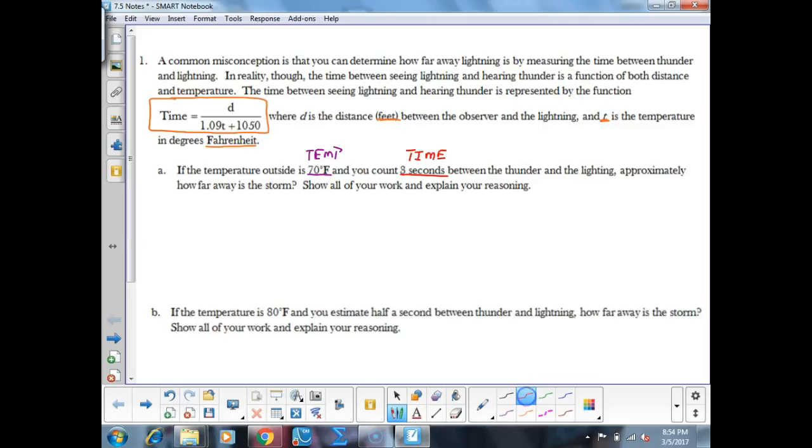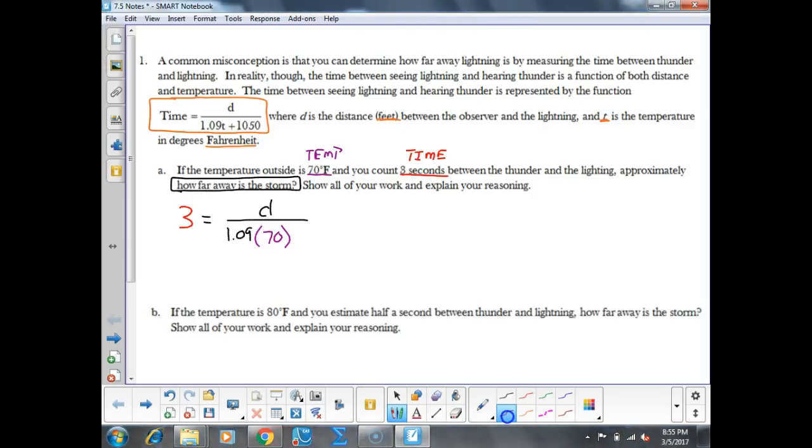Using that box formula, time of 3 seconds is equal to the distance, which is what we're looking for, divided by 1.09 times the temperature, 70, plus 1050. 1.09 times 70 is 76.3, plus 1050 is 1126.3, so 3 equals d divided by 1126.3.